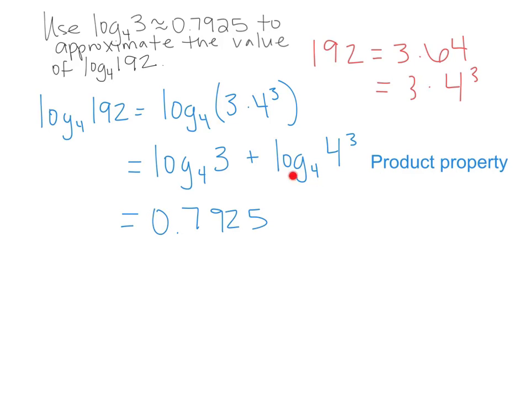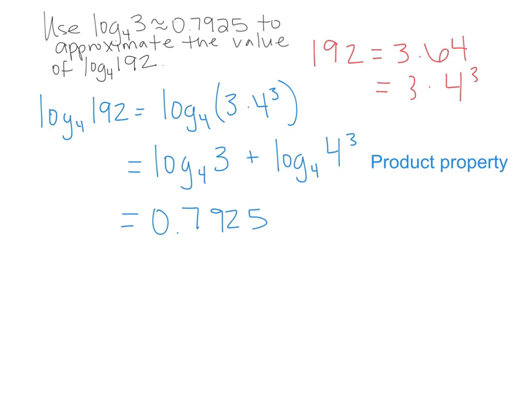And then let's take a look at this right here. That doesn't look like we know anything, but when you have a base that's equal to the number given here, what that's saying is, what exponent does it take us to get from 4 to 4? It's an exponent of 1, right? So this is left with 1. And we're going to learn the power property, which takes this 3 and puts it out front.